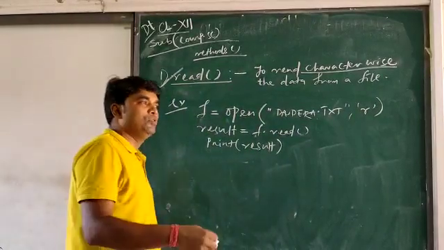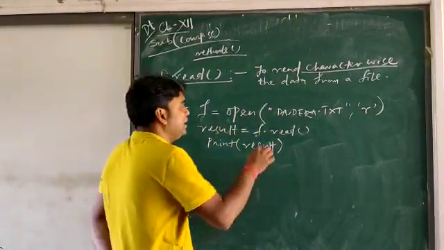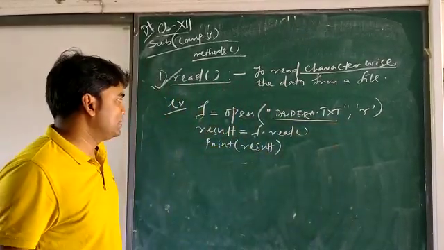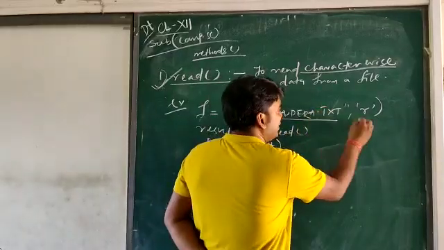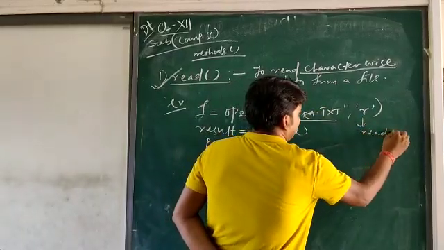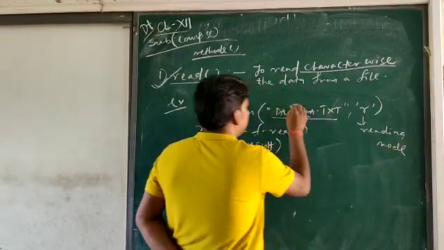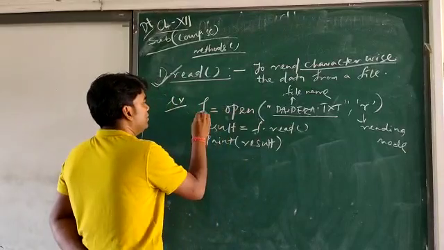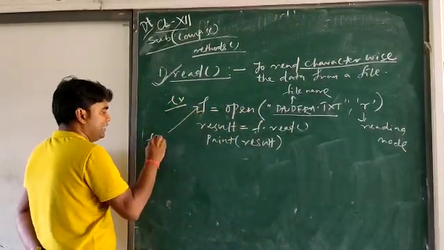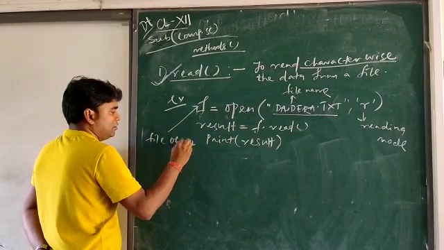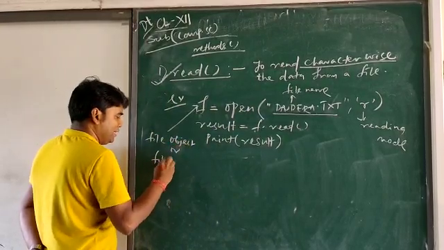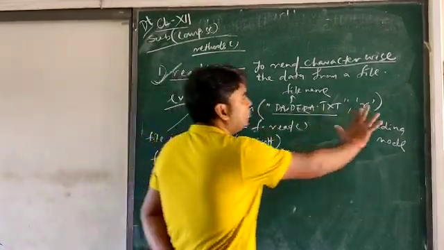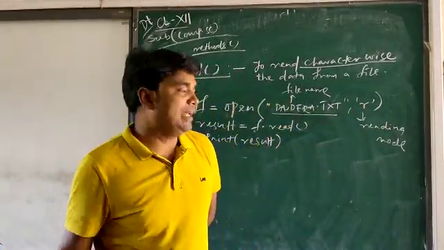Through this function you open the particular existing file. dvdata.txt is the file name, .txt is the extension, and r is the reading mode. So this is how a file can be opened with a file handler.